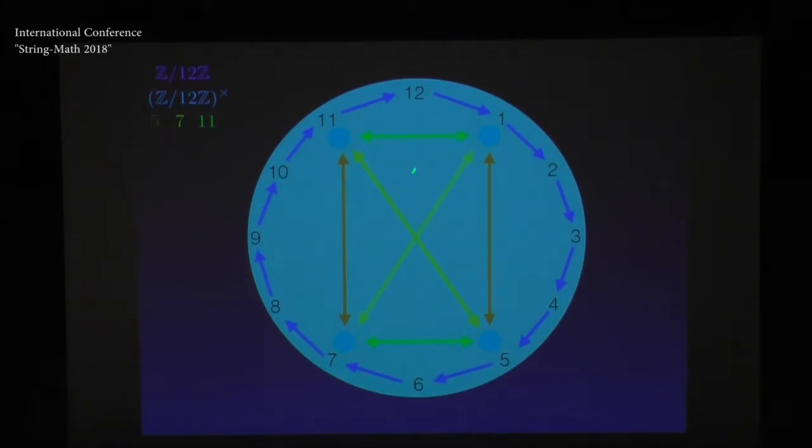There's the identity where I do nothing, and I've just exhibited 3 elements of order 2. There are 4 elements in the group, so that uniquely tells you the group is Z2 times Z2. And we can now let it act on the rest of the elements of Z mod 12Z by multiplying by 5 and then reducing mod 12. And so you get this picture of what the group of units is doing to Z mod 12Z.